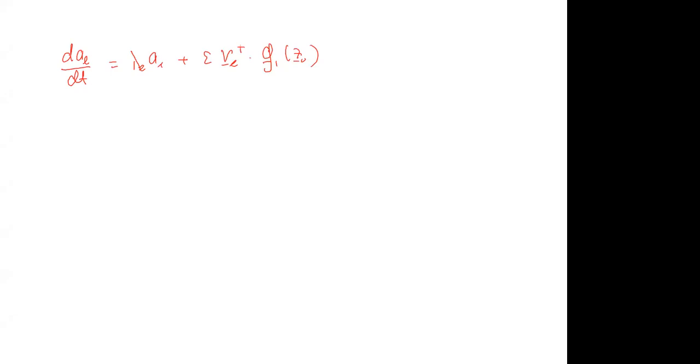We'll assume that z naught is a stable fixed point. That means lambda l is less than 0 for all l.